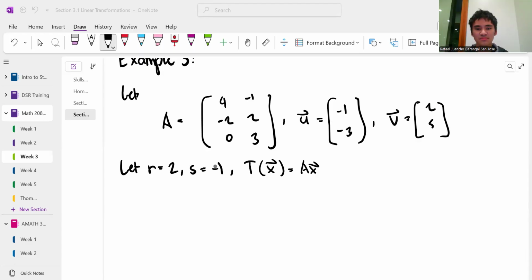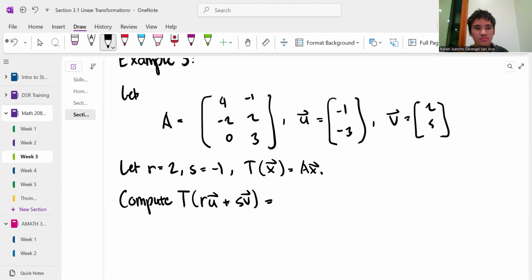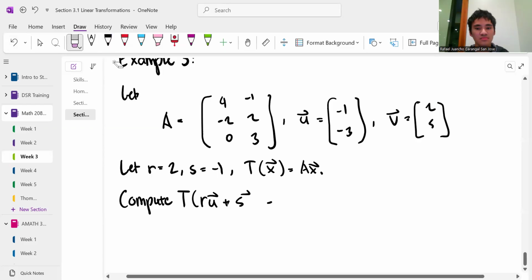Hmm, okay, here's what it's asking. The way they phrased it was confusing. We want to solve for this and this.